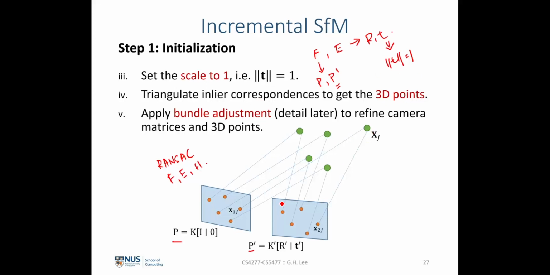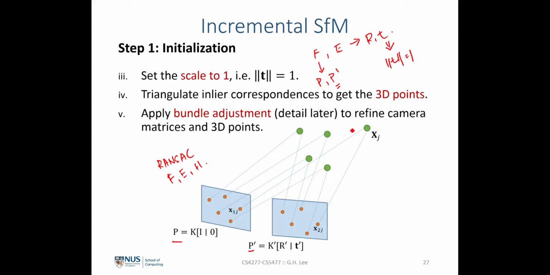For these two views, for example, x1j in the first view, where we use i and j to denote the view index as well as the point index, and in the second view the correspondence of x1j would be x2j. We'll make use of these image correspondences as well as the two camera projection matrices to do a linear triangulation to get the 3D point Xj.